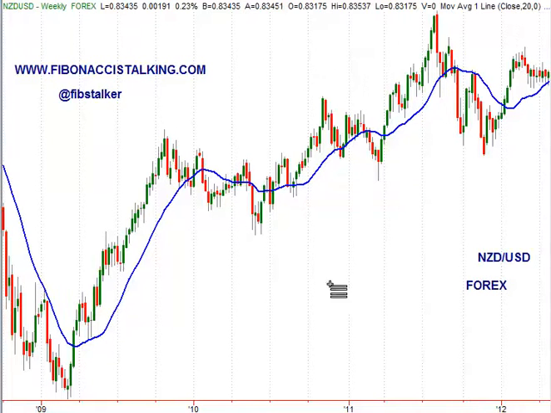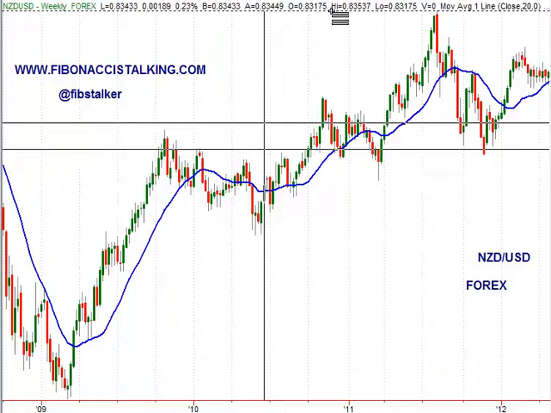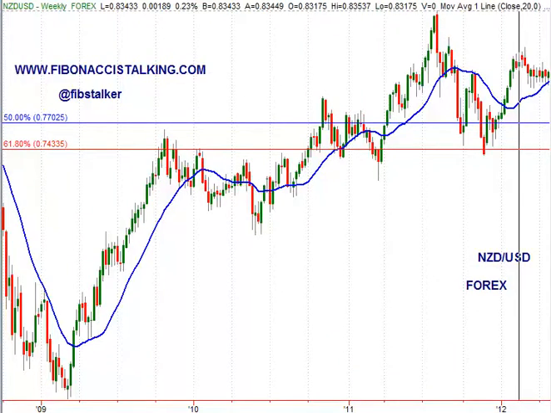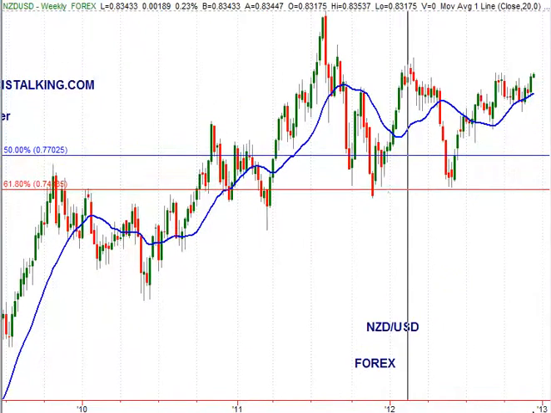I think they are much more similar than the pound is to the euro. However, when we trace on the weekly chart the very same retracement I'm showing here, we have this level of resistance.